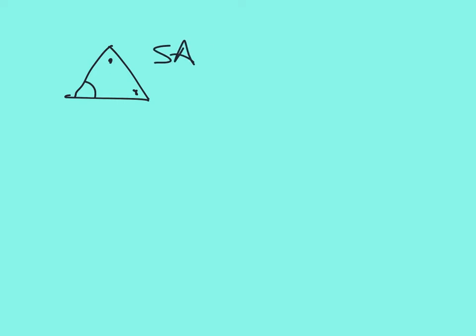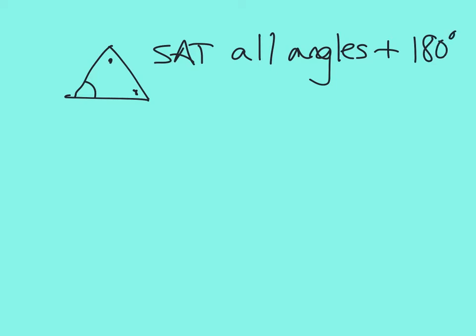That's SAT, which is the sum of angles in a triangle. All angles add to 180 degrees. If you know that you have an isosceles triangle, so it looks like that, or I'll even put it on its side so that you can see.